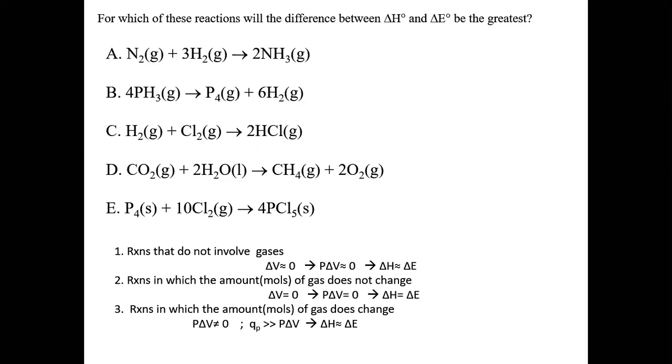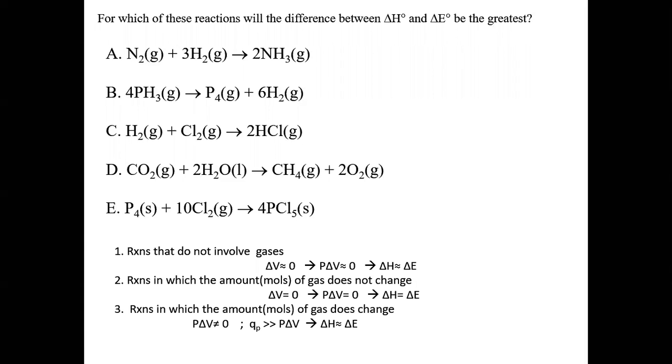First, there are reactions that don't involve gases. These are things like precipitation reactions and certain redox reactions. Since they don't involve gases, delta V is approximately 0. Since delta V is approximately 0, the work is approximately 0.